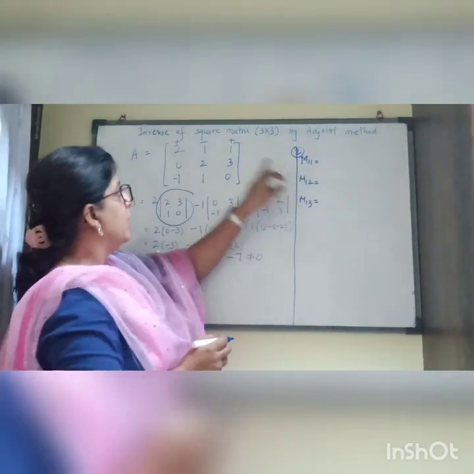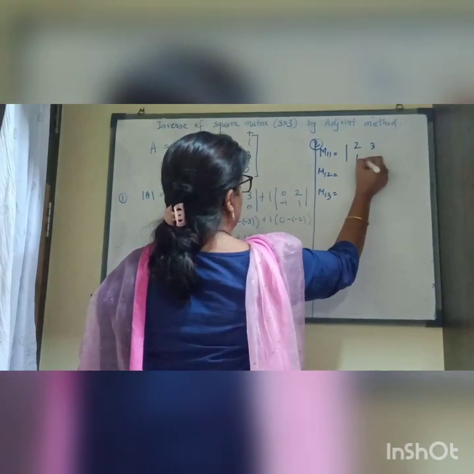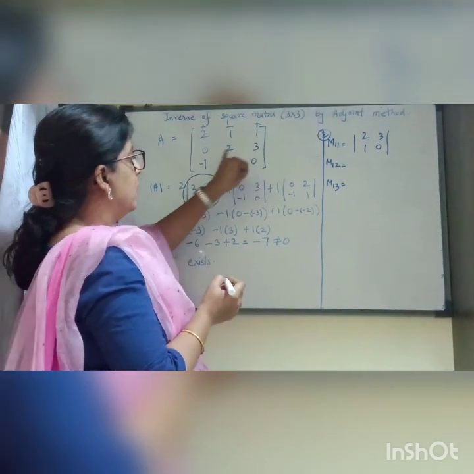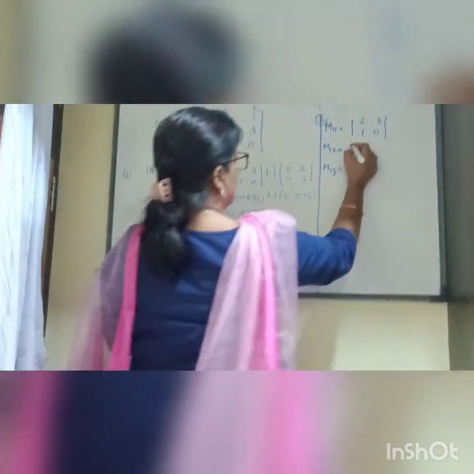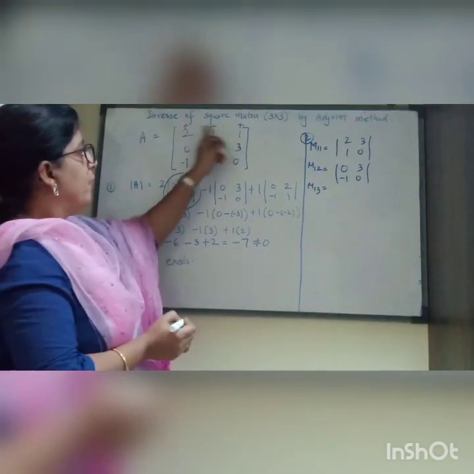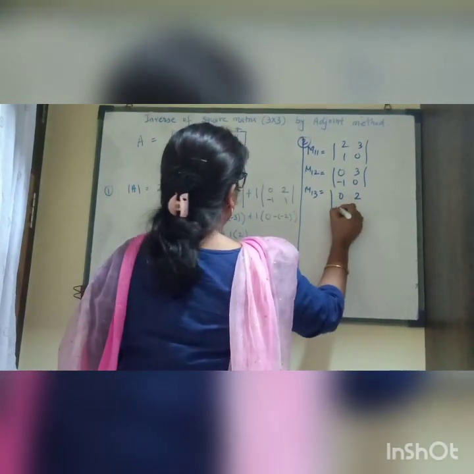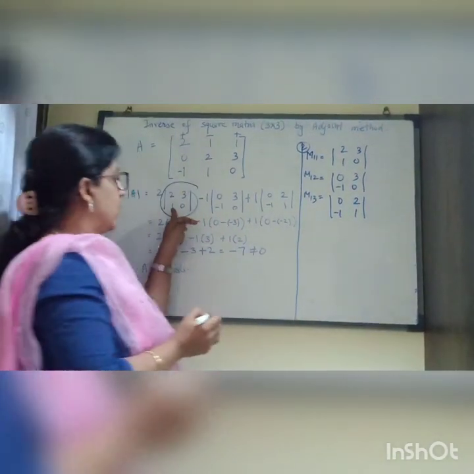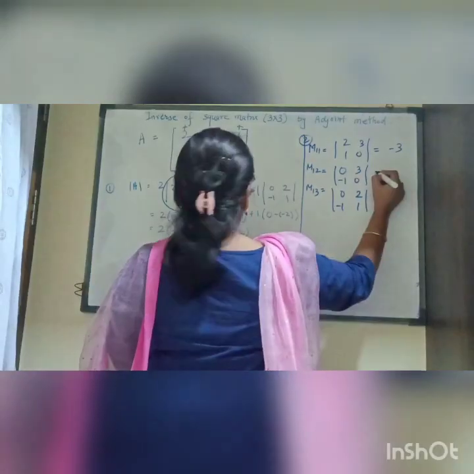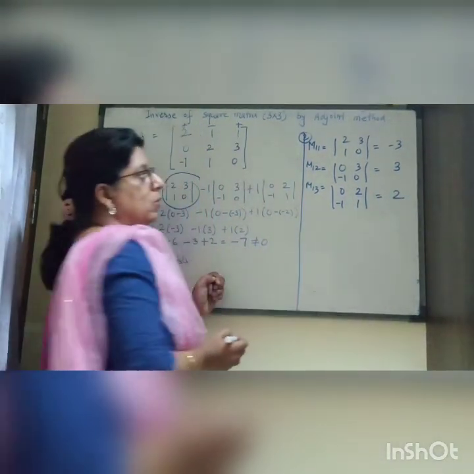M12, first row, second column: 0, 3, minus 1, 0. M13, first row, third column: 0, 2, minus 1, 1. You can see from here, same. Solving this, we will get minus 3. We will get 3 here and here 2.